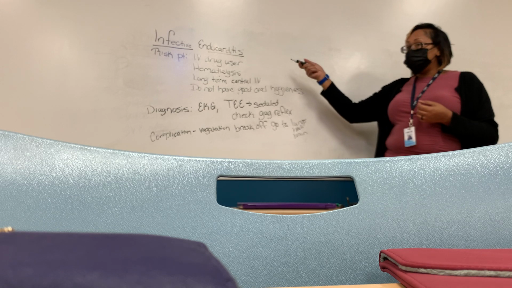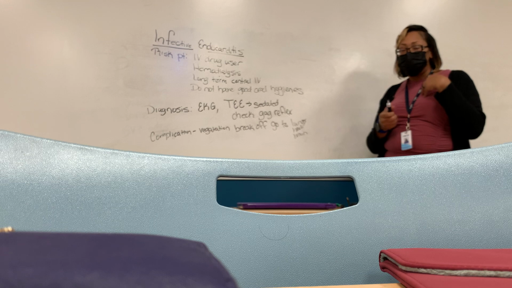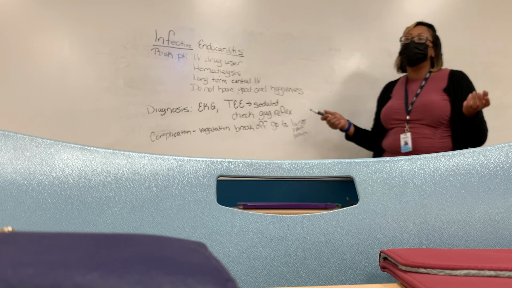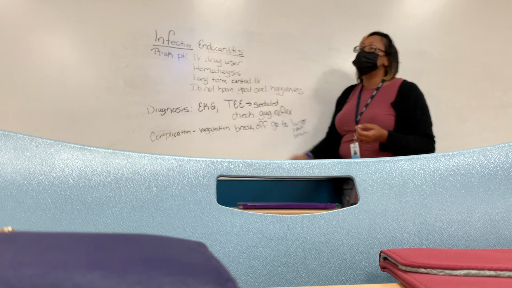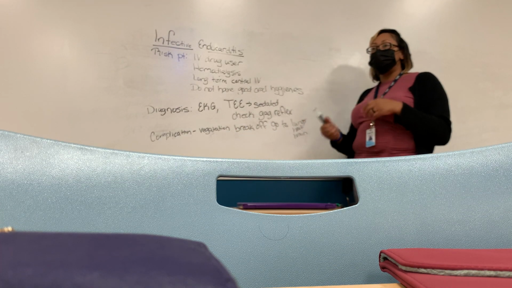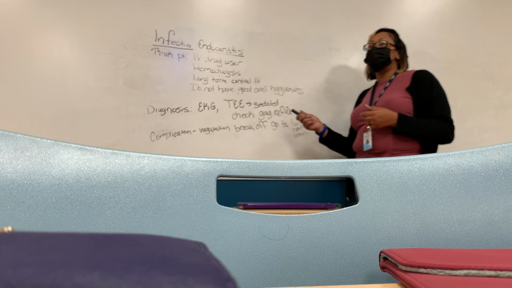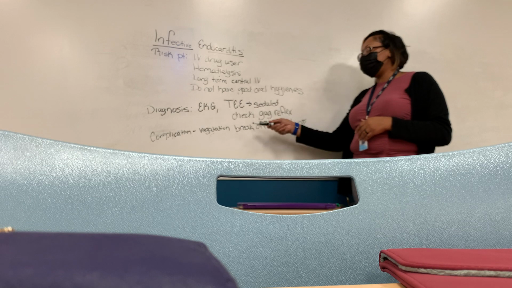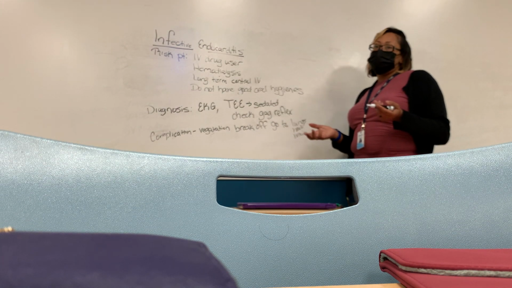It's infected already, and then those bacteria stick even more to the neutrophils that are there trying to help. And then you end up with vegetation. So vegetation is from your red blood cells, white blood cells, and bacteria clumping together. If it breaks off, it can clot, because your arteries are not that big up there.